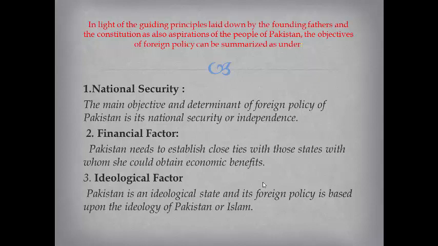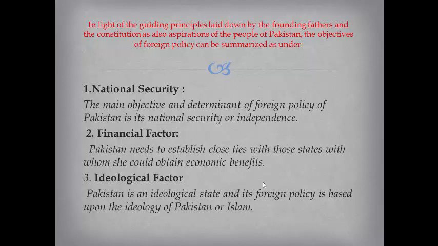Pakistan was a newborn state, and there was a need to make plans for its security because it was facing serious threats from its border country. So Pakistan formulated its foreign policy on the basis of national security.